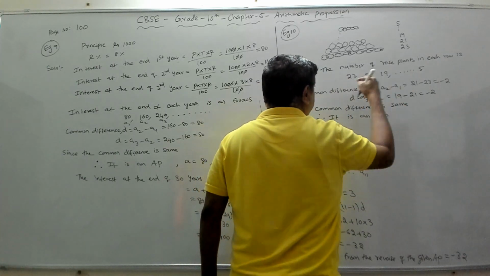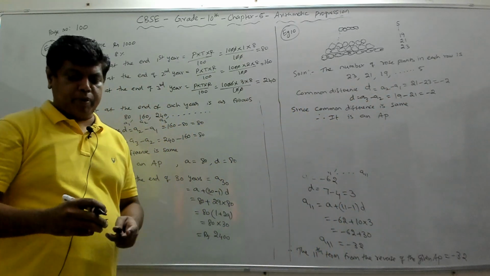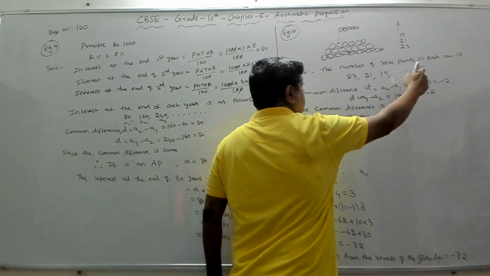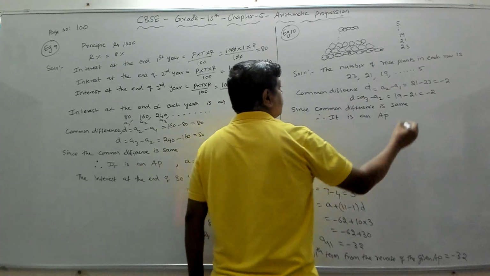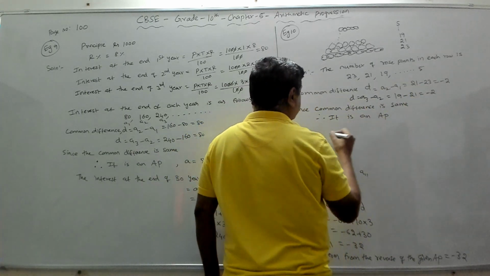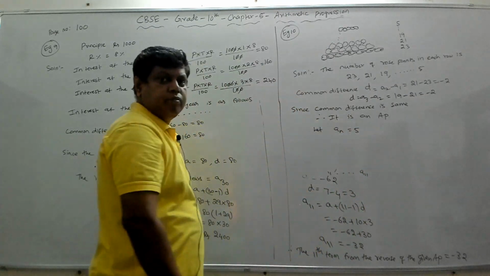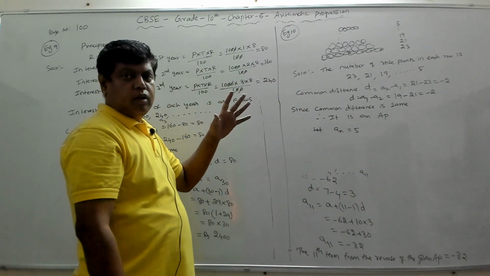Which means this given list of numbers forms an AP. Now we will assume the last term as an. So let an equal 5, which means there are n rows. There are totally n rows, right?